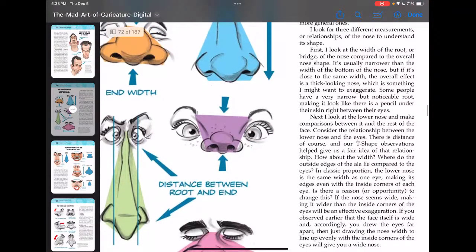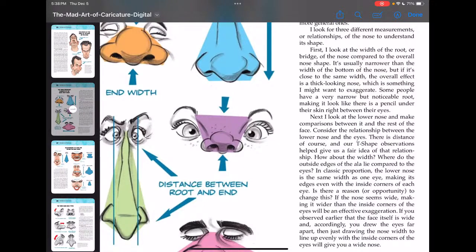Next, I look at the lower nose and make comparisons between it and the rest of the face. Okay. So first, he's going to look at the bridge or the top part between the eyes, and compare that to the overall nose. And then he's going to look at the bottom of the nose and compare that to the overall face. Then he says, consider the relationship between the lower nose and the eyes.